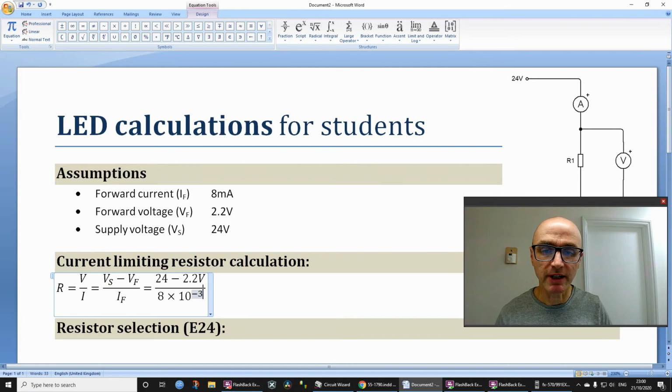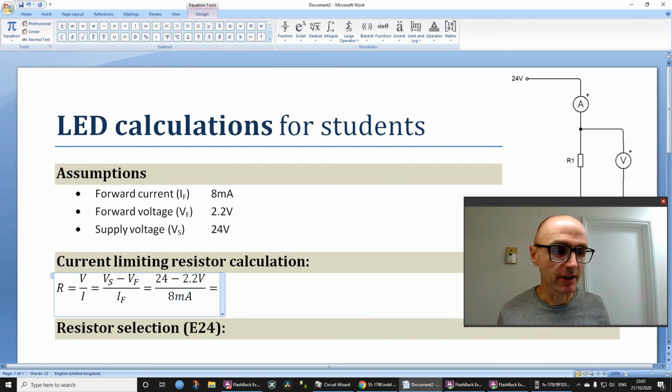Then we would have to write A. Or you could do 0.008 amps if you want, whichever way you feel more comfortable with. I think I'll just write 8 mA. Equals. Right, what do we need to do now?